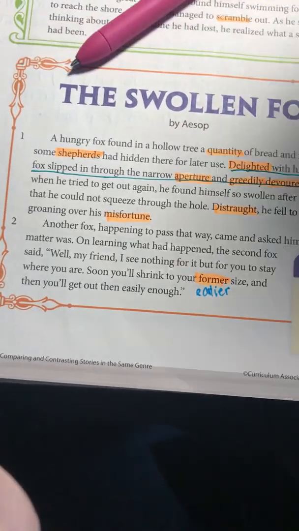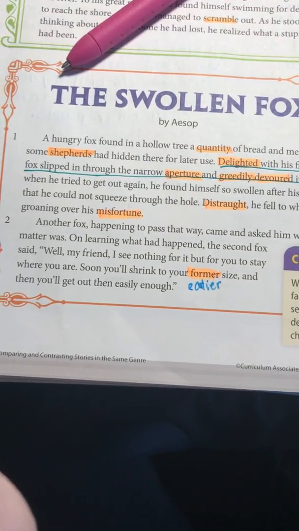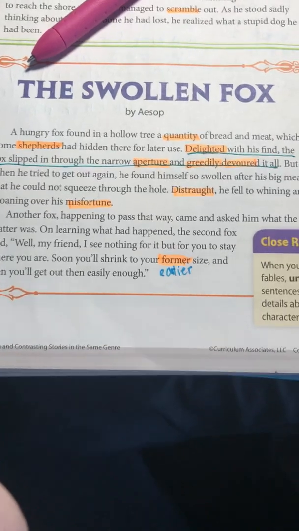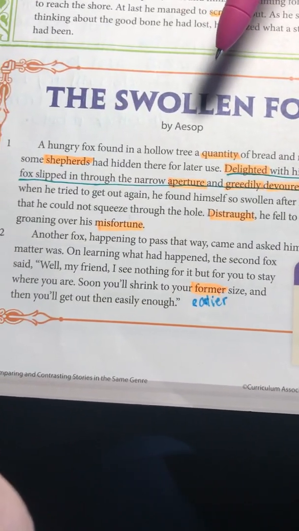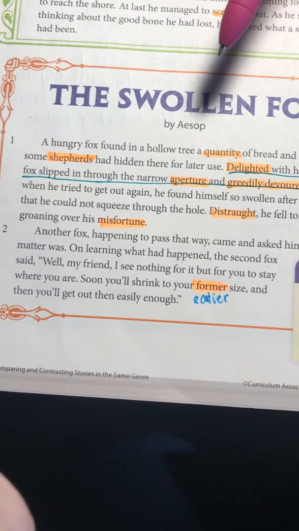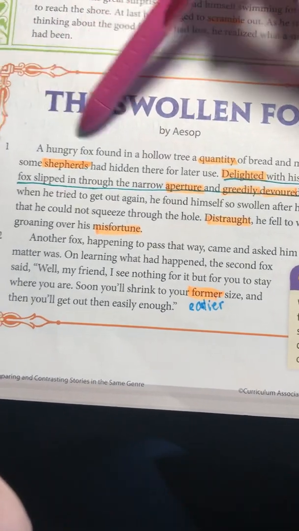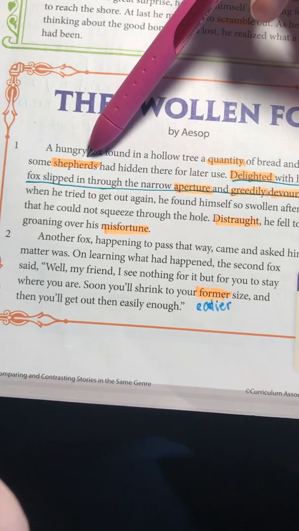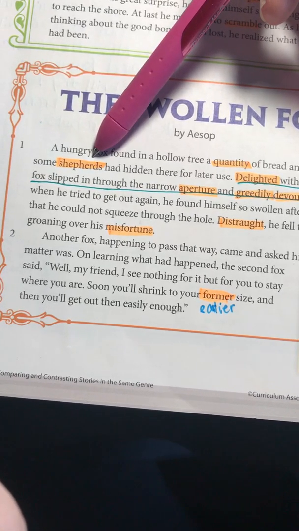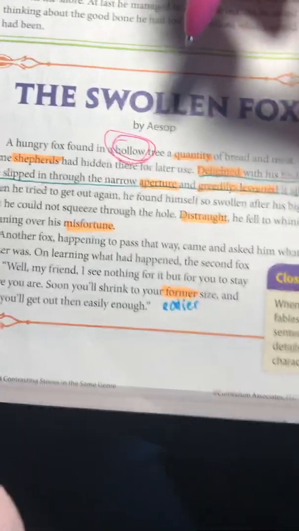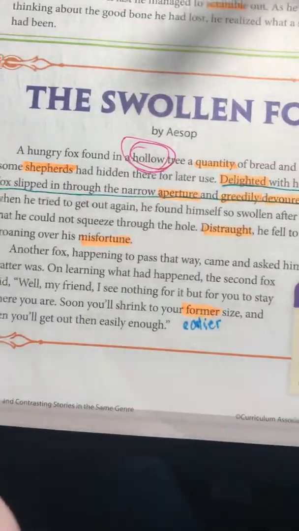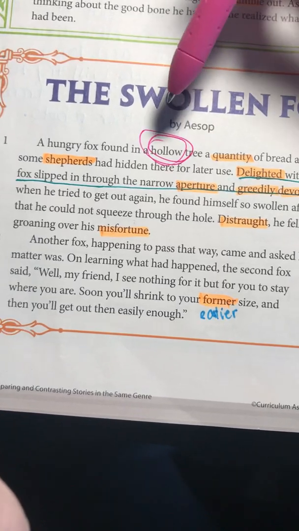So let's back up to shepherds. Shepherds are people who look after the sheep or a herd of animals, and they usually stay out in the fields. So you can imagine that these shepherds use the things around them, like a hollow tree, to hide or stash things so animals wouldn't be able to get into it.